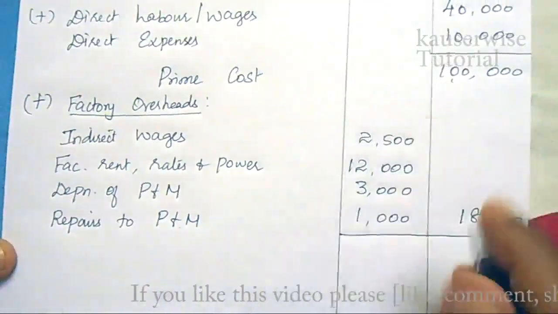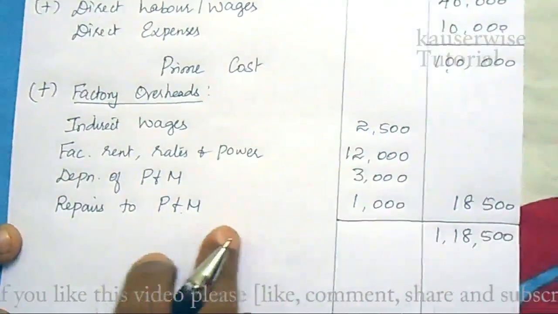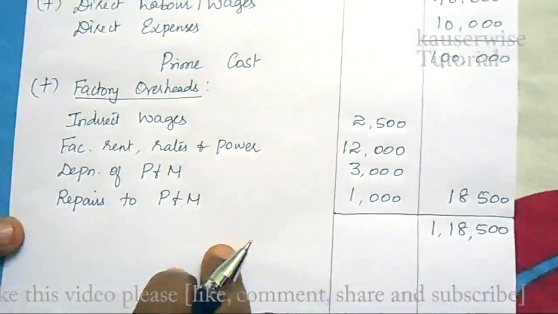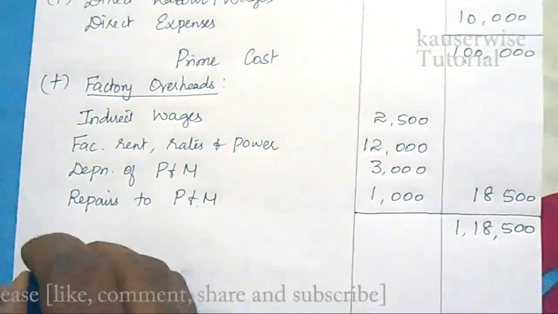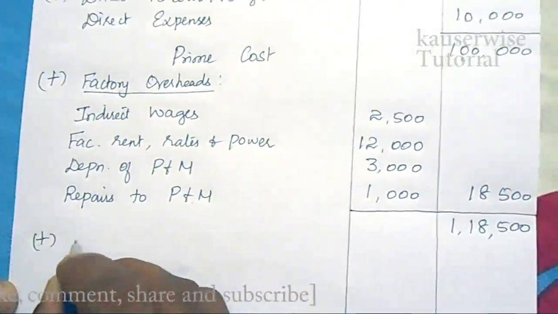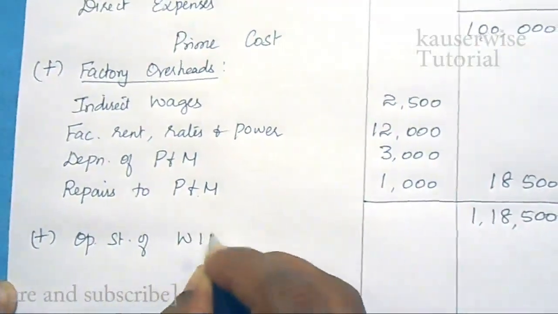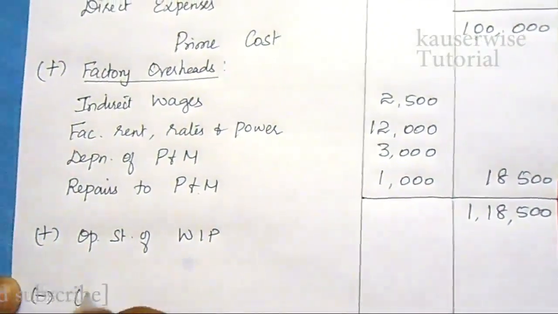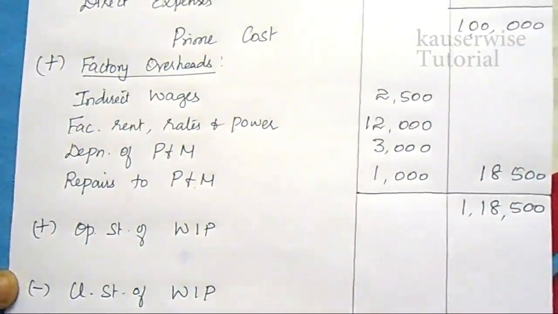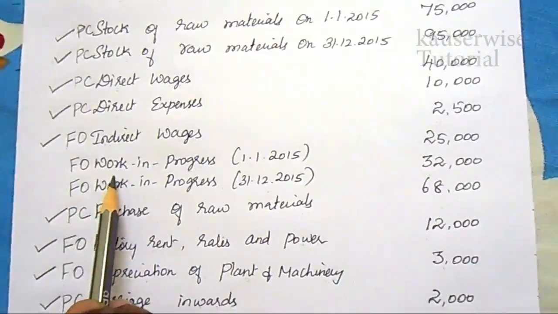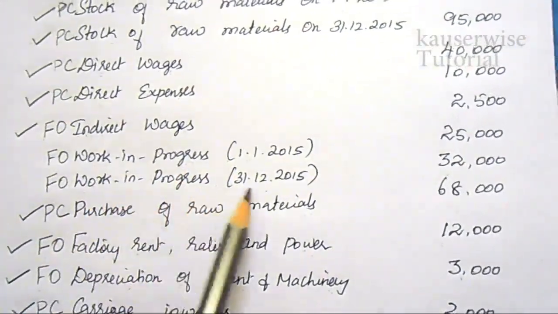Add along with prime cost, 1,18,500. This will be the work cost, but in this problem we have got opening and closing stock of work in progress. So add opening stock of work in progress and subtract closing stock of work in progress.